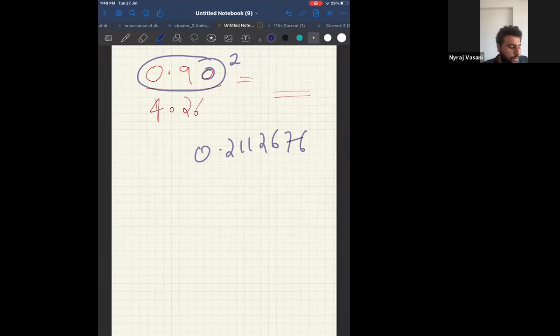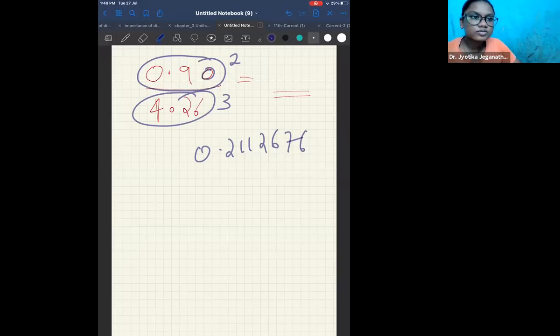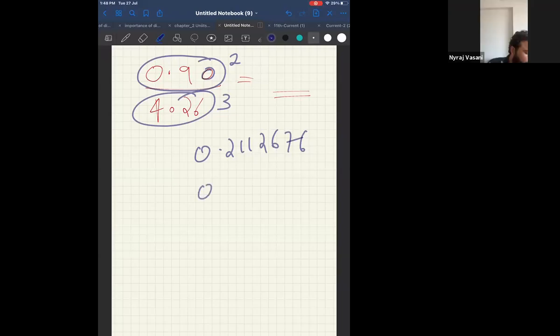Okay, 0.2112676. Therefore, what will be our answer for this? Okay, how many significant figures in this? 3. How many significant figures in this? 3. Therefore, our answer should have how many significant figures? 2. So tell me, what will be the answer? 0.21, not 0.2, because 0.2 has only one significant. 0.21 has two significant places.